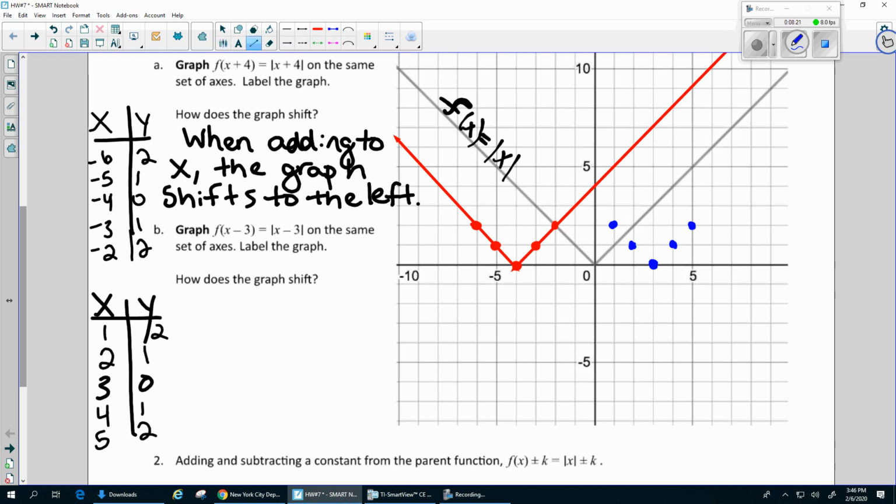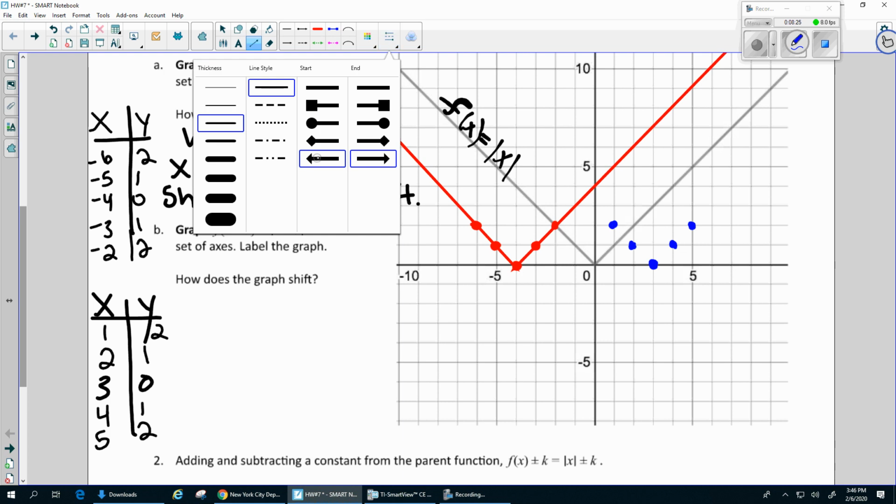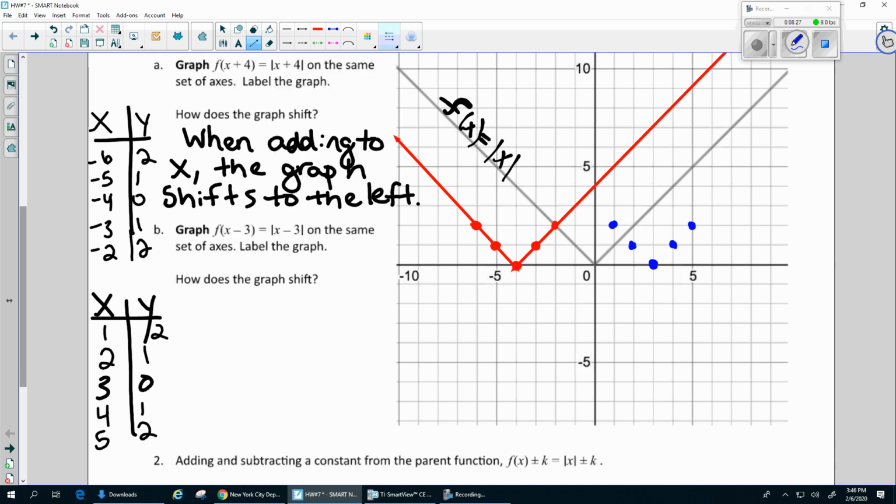Again, I'm going to grab my straight edge, and I'm going to use my straight edge to graph my absolute value of x minus 3.